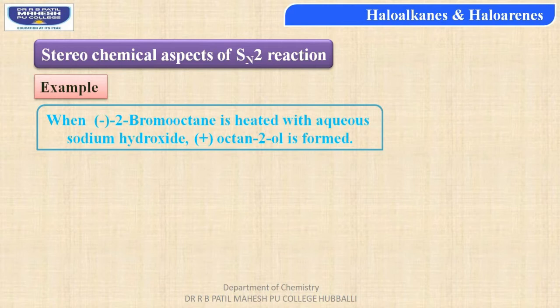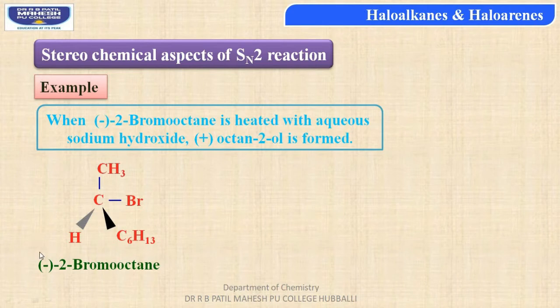Let us understand this with the reaction of (-)-2-bromo-octane. So this minus represents that the molecule rotates the plane polarized light to the left side, that is anticlockwise direction.